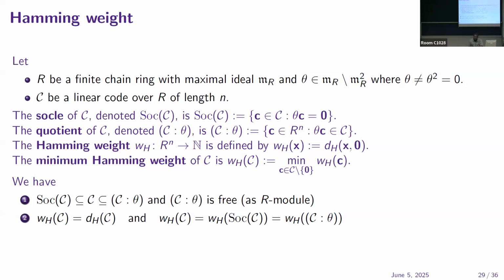It's important to note that the minimal weight of the code is equal to the minimal weight of the residue, and equal to the minimal weight of the torsion. That is important.